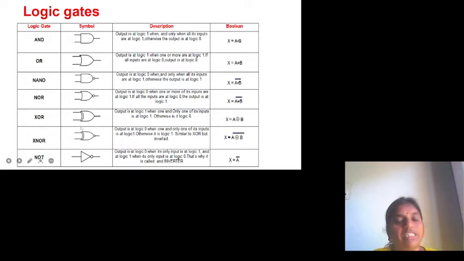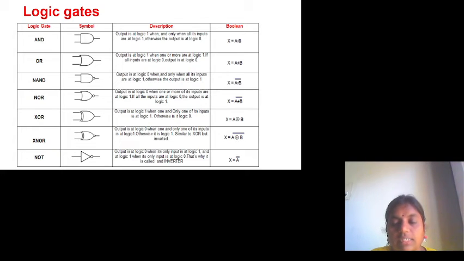Now coming to the special logic gates, XOR and XNOR. XOR is the logic gate whose output is at logic 1 when one and only one of its inputs is at logic 1. Otherwise, if both the inputs are the same, then the output will be 0.